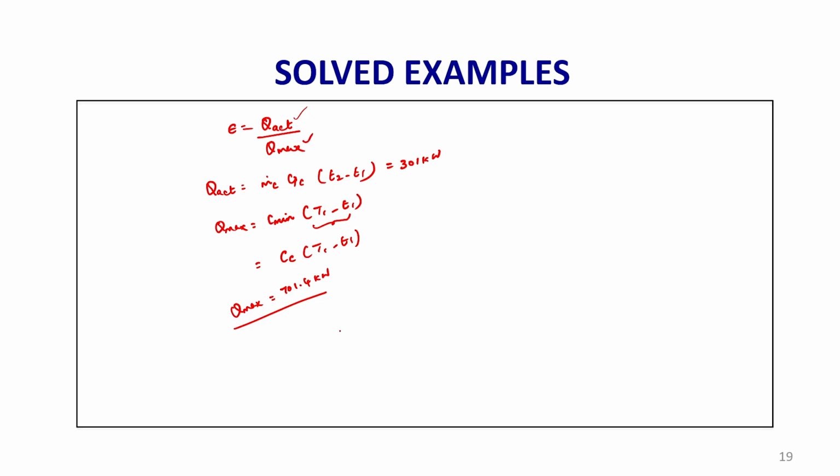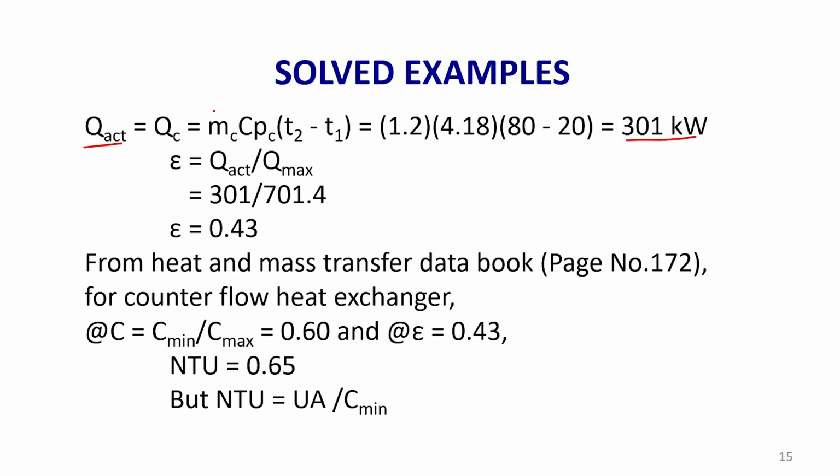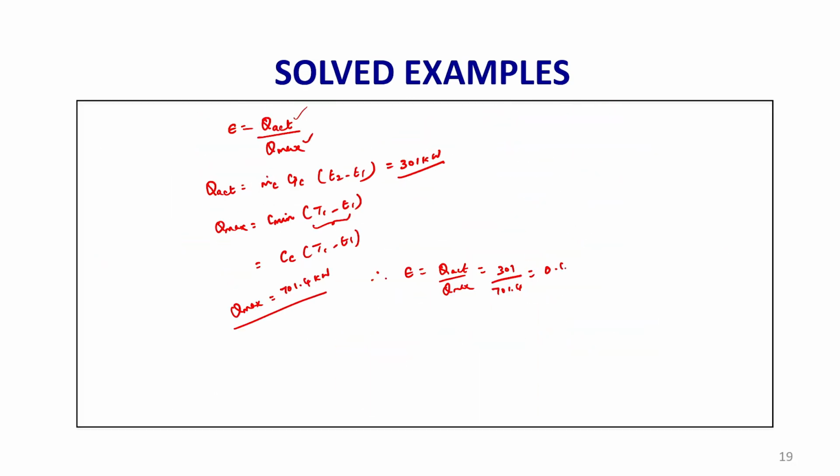So, substituting, epsilon is equal to Q actual by Q max, which is 301 kilowatt divided by 701.4. We get the ratio as 43% or 0.43.